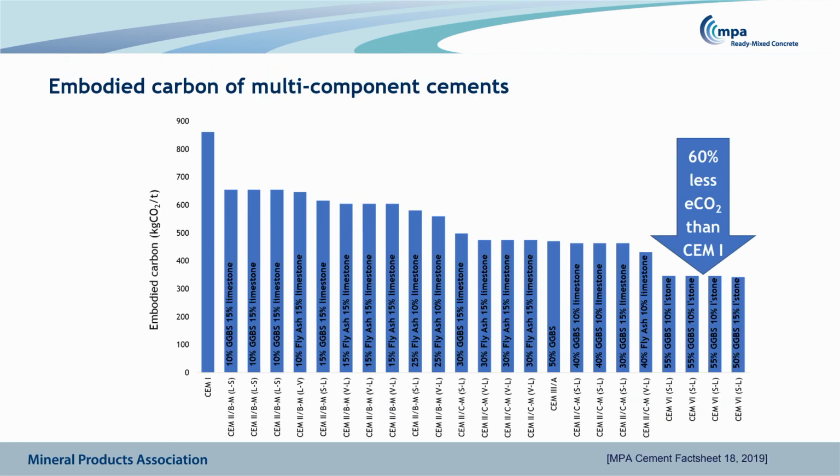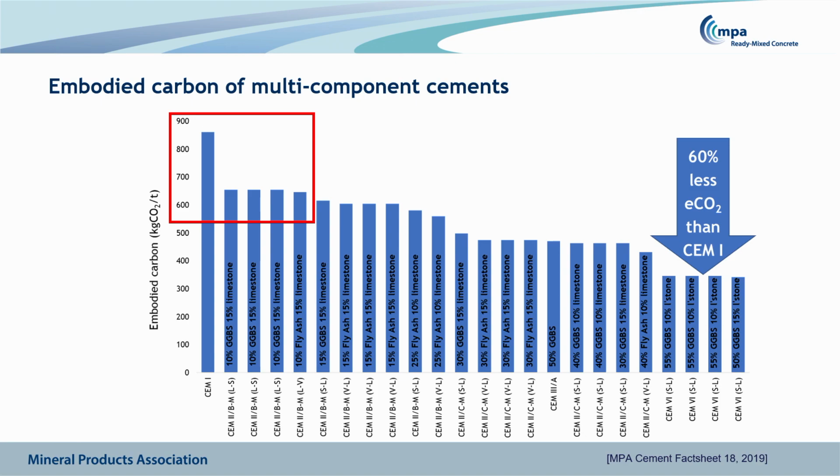And the outcome of that is, if we look at the embodied carbon of these cements, these are just estimated from MPA fact sheet 18, you can see at the far end, the CEM 6 SLs are 60% lower than CEM 1, which is interesting. We can see CEM 3 about a third of the way along from the right, and we can see how that compares. But for me, the really interesting part is actually over on this side of the graph.